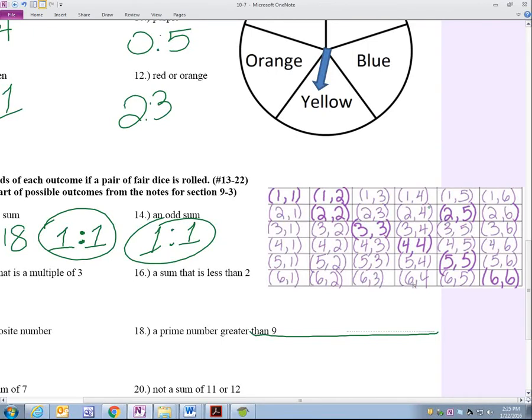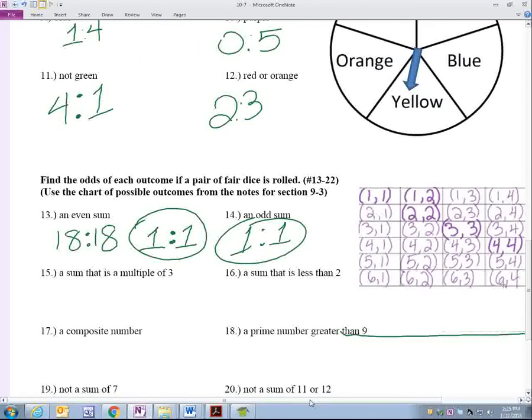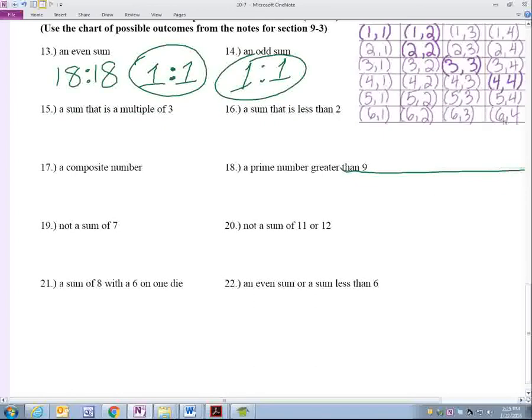Is there a total of 45 outcomes? Yeah. You have an answer? Someone I haven't heard from yet today. Jack. 9 to 27. Ooh, close.